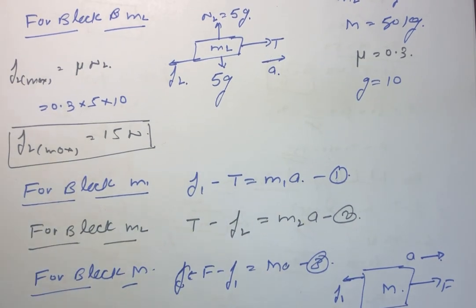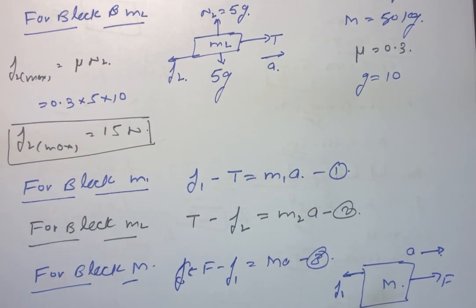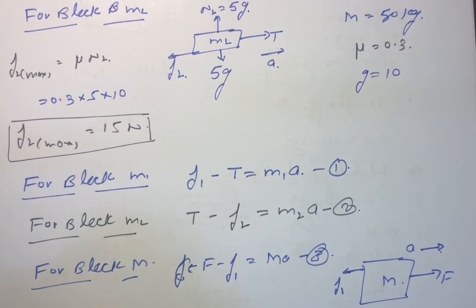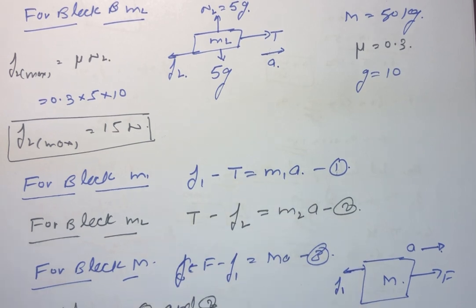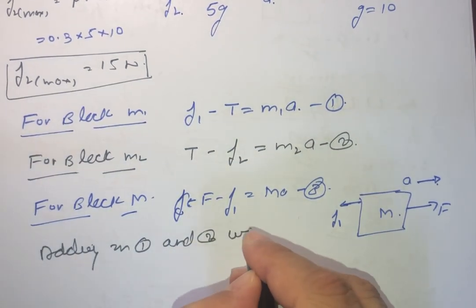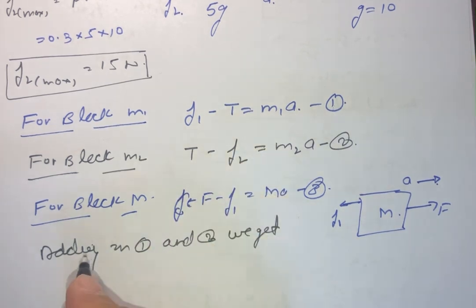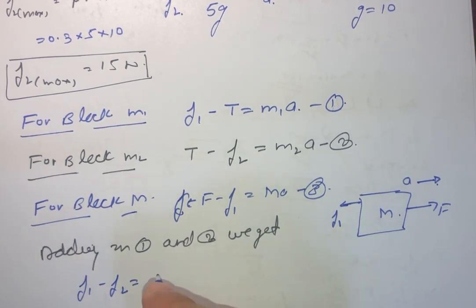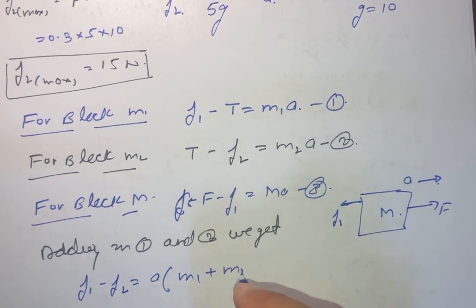Okay. So if we add equation 1 and 2, T cancels out, so we get F1 minus F2 is equal to A can be taken as common, and this will be M1 plus M2.